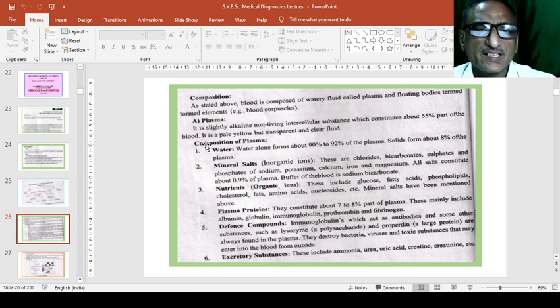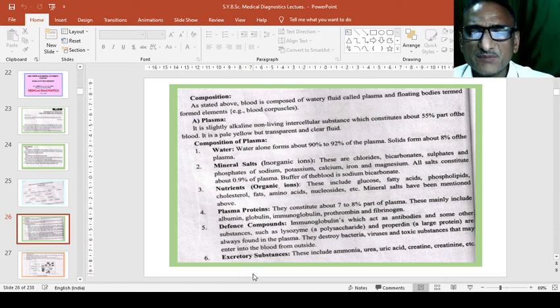A. Plasma. It is a slightly alkaline and non-living intercellular substance which constitutes about 55% of the blood. It is a pale yellow but transparent and clear fluid. It is composed of water, about 90 to 92%, and mineral salts like sodium, phosphates, calcium, iron, magnesium, then bicarbonates, chlorides, etc. It also contains some nutrients like glucose, fatty acids, phospholipids, fats, amino acids, cholesterol.